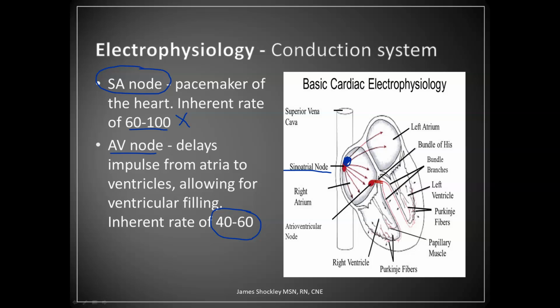But once we start talking about anything less than that 60 number, when we look at how to calculate a cardiac output, we're going to be able to see how that low heart rate is really going to cause an absolute decrease in how well we are perfusing.